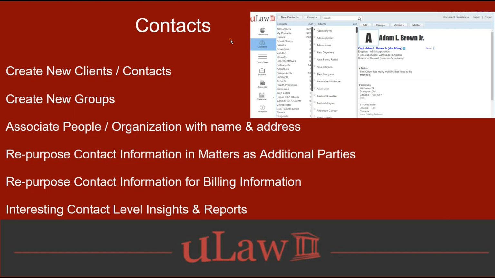That could possibly lead to manual errors, revisiting the document, etc. Rather, if you store that information once within the uLaw contact database, you can simply add them as a party every time within the new file, and uLaw would automatically ensure that the information required within those documents is pre-populated with the relevant data.